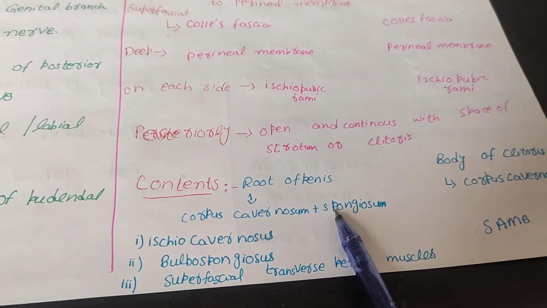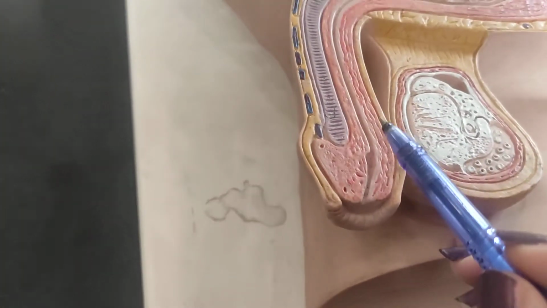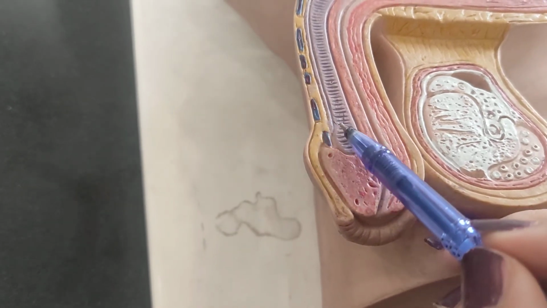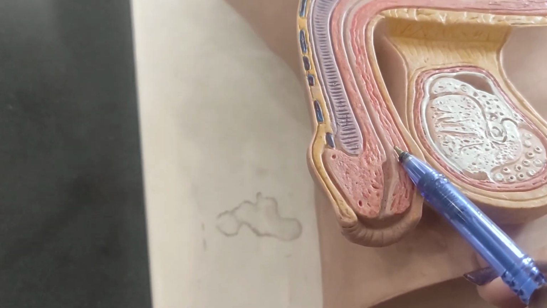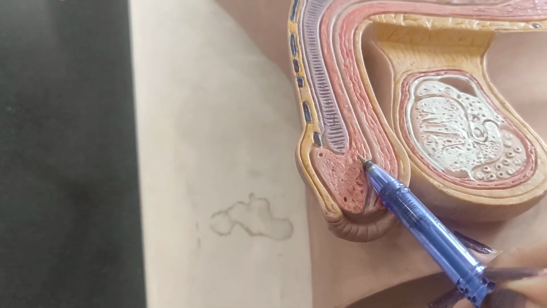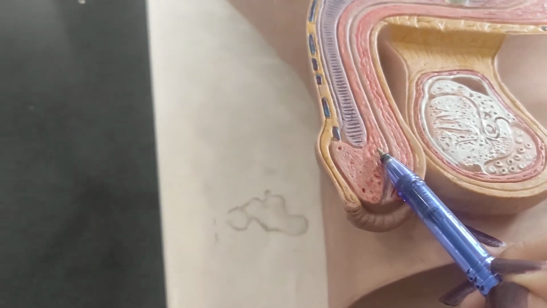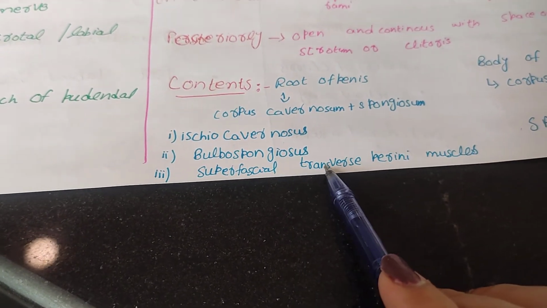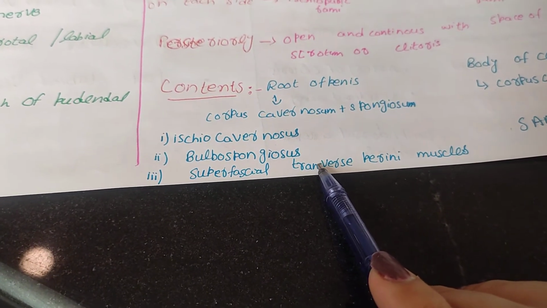We discussed these here, one was the cavernosum, and then we had the spongiosum, and that was the bulb part. So cavernosum and spongiosum will be the content of this superficial perineal space. And then we will have the ischiocavernosus, bulbospongiosus, and superficial transverse perineal muscles.